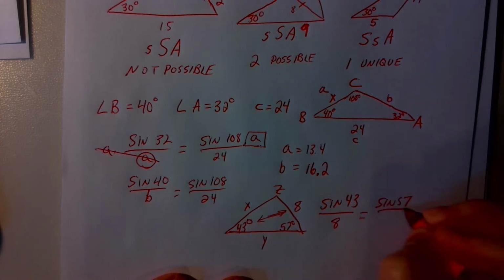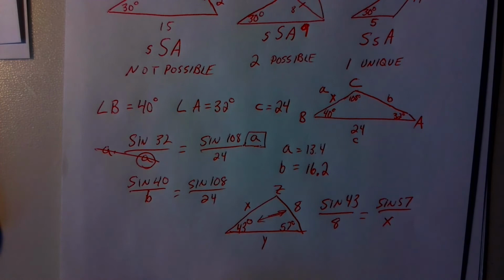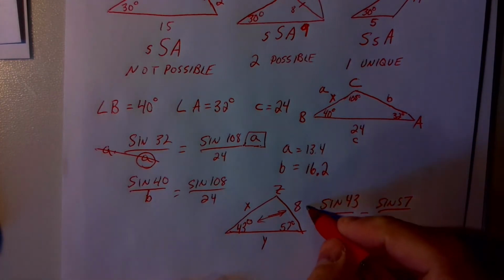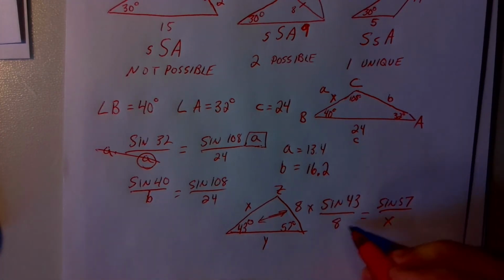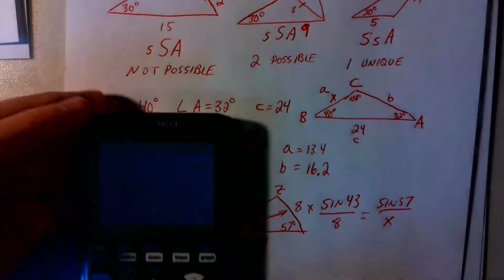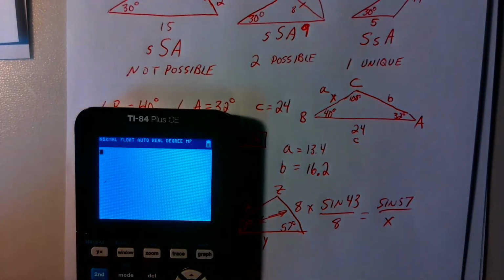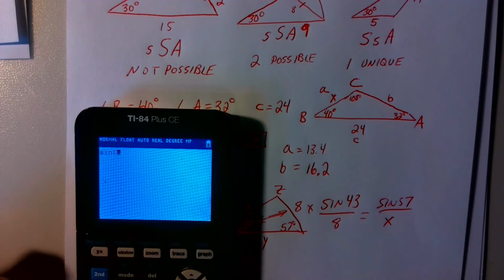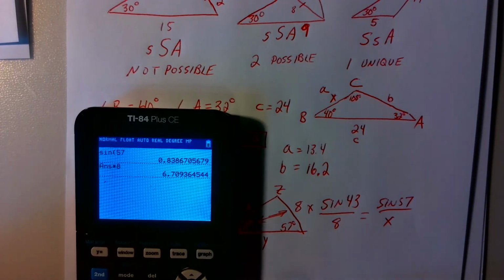Again, bring the x up here and multiply both sides by 8. Here's my calculator: sine 57, enter, times 8, enter, divided by sine of 43, enter, and I get 9.837.